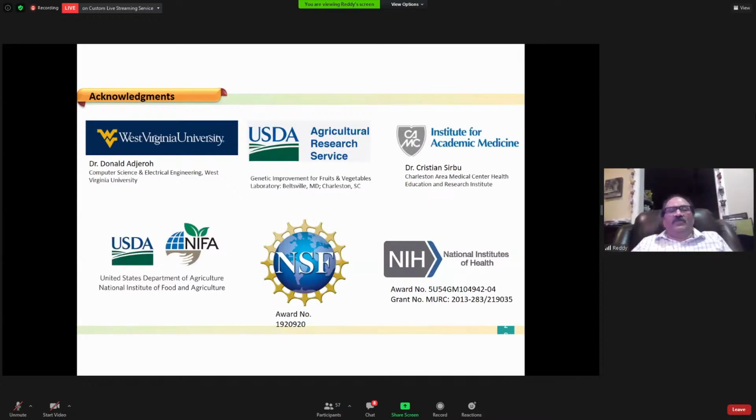So my funding comes from different organizations, USDA, NIFA. NIFA is like ICAR, which funds agricultural universities in India. Here, the National Institute of Food and Agriculture is an agency of USDA that funds. And ARS is just like our ARS. Here we have ICAR together, but in the US, ARS is separate.